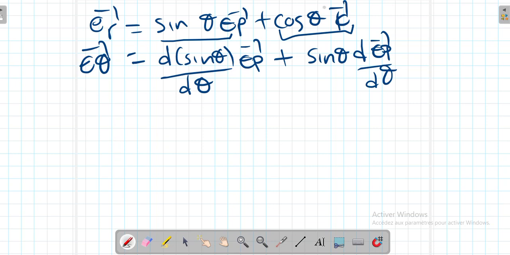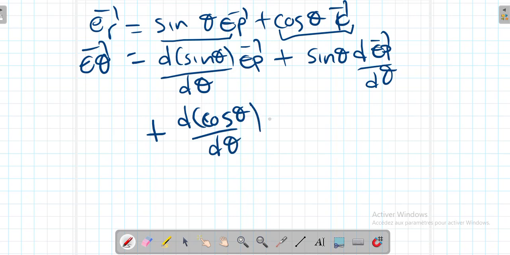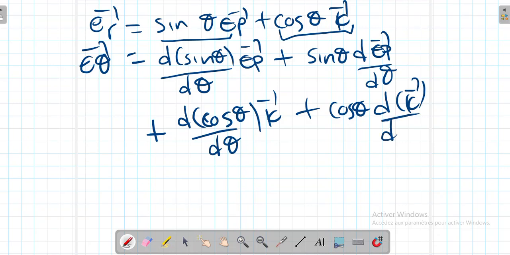Then on the second term, you also apply the product rule. You find the derivative of cos theta with respect to theta, keeping k constant, plus now you keep cos theta constant and find the derivative of k with respect to theta.